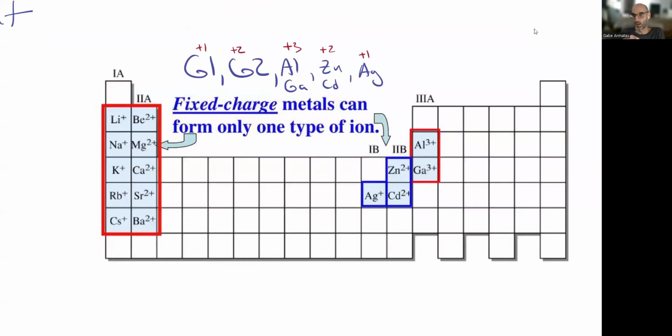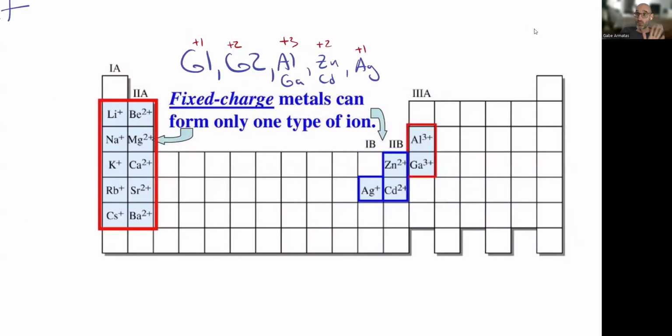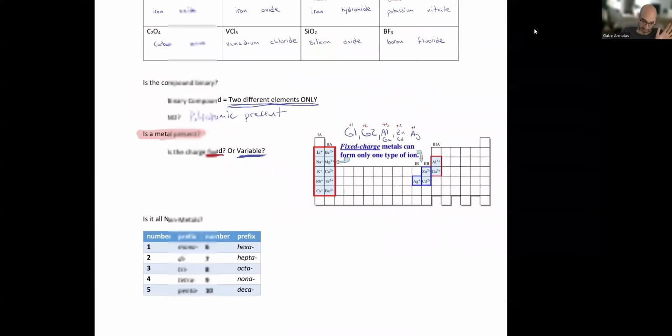Those are fixed. They're always going to be those charges. So if I say aluminum, the reader knows that the aluminum charge is always +3. I don't have to give any additional information. If it is one of these, group 1, group 2, aluminum, zinc, cadmium, gallium, silver, we're done. There's no further naming that needs to happen.